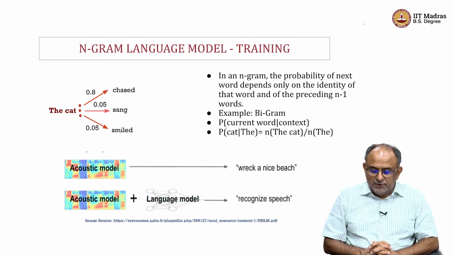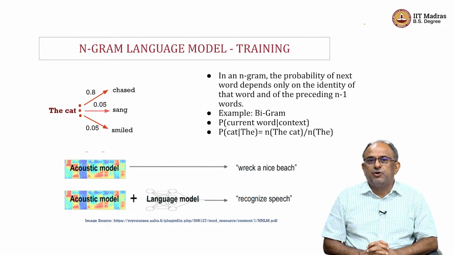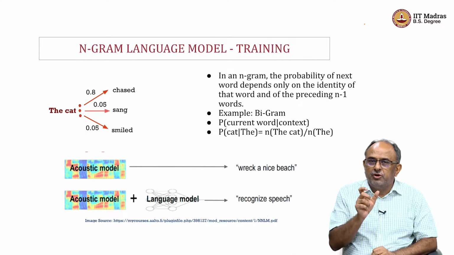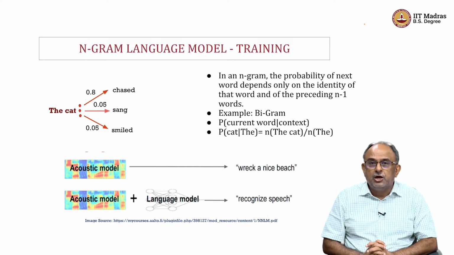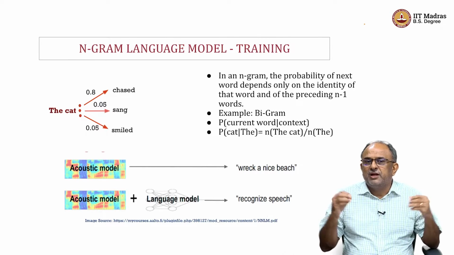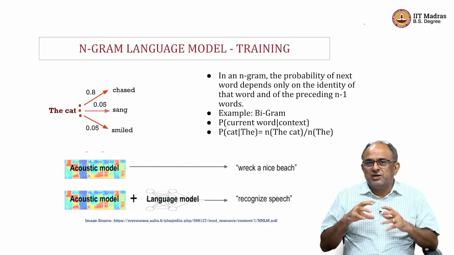So for example, if you look at the sentence, it's fun to recognize speech, and it's fun to wreck a nice beach. They have almost similar sets of phonemes. So both of them have similar sounding phonemes, and therefore the acoustic model is not a big help.